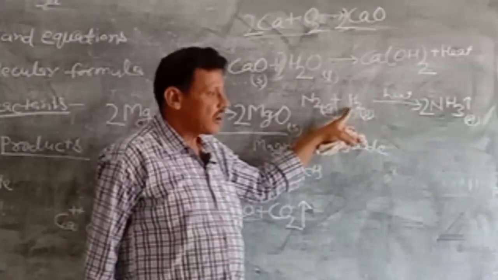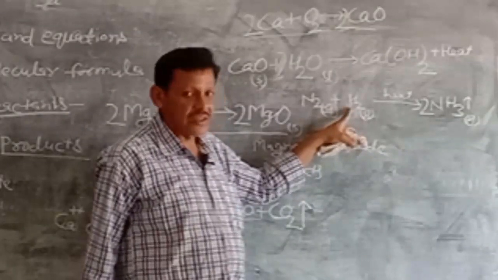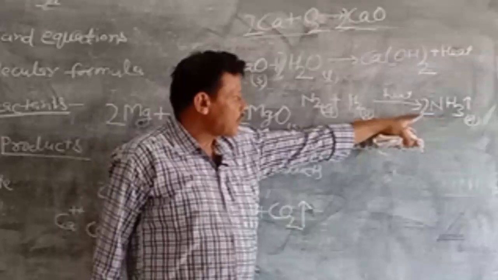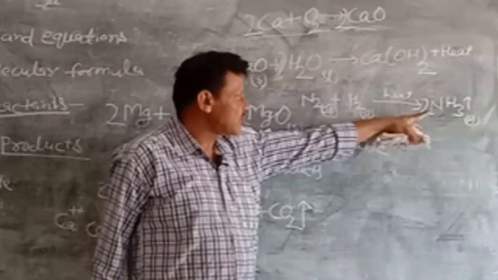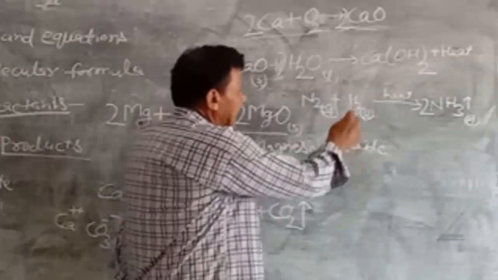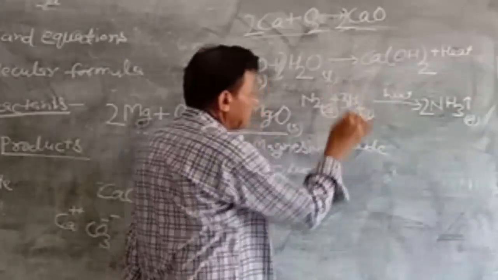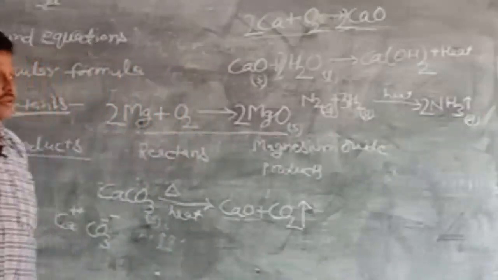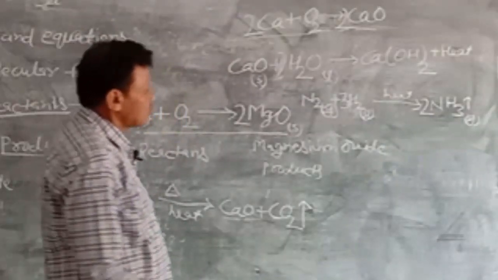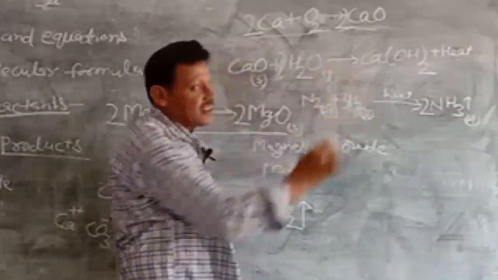But hydrogen in reactants is 2, while in products it is 3 multiplied by 2, which is 6. So we write 3H2. Then it is a balanced equation.